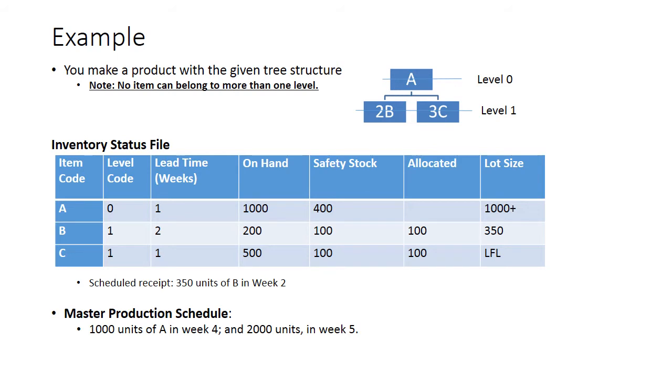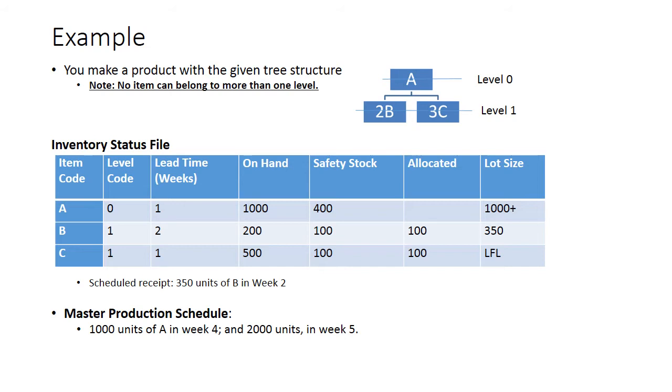It looks like your master production plan tells you that you need 1000 units of A in week 4 and 2000 units of A in week 5. Keep this handout handy so that you can constantly refer back to this information as we do the problem.